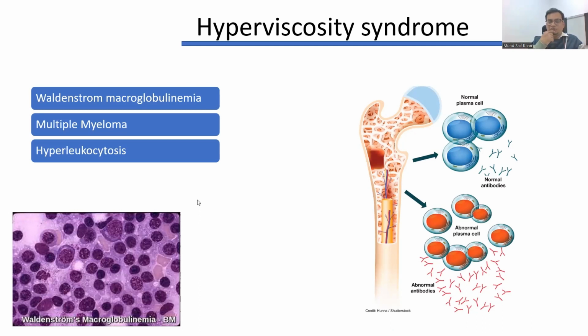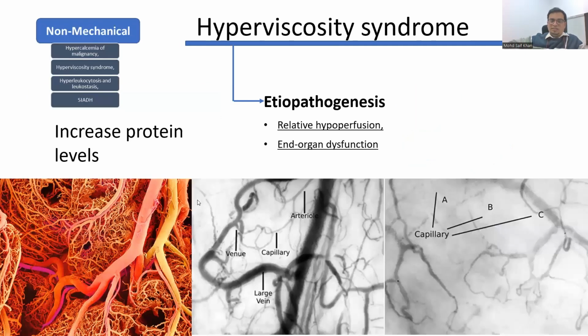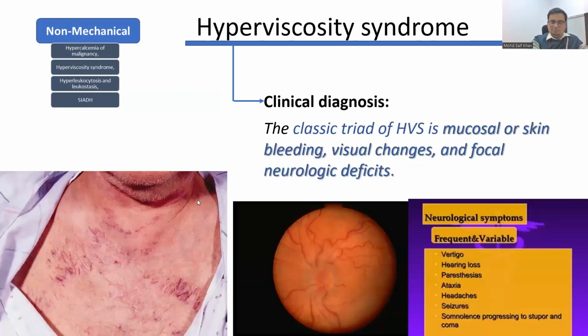Even sickle cell disease can lead to hyperviscosity. And sometimes spherocytosis, a remarkable amount of erythrocytosis, and rheumatoid disease can also result in hyperviscosity. So hyperviscosity has various reasons, and it results in hypoperfusion and slow, sluggish blood flow, especially in the peripheries, resulting in end organ dysfunction ultimately.